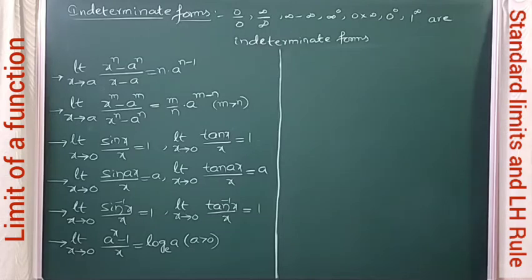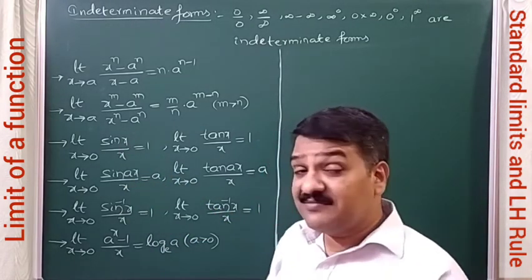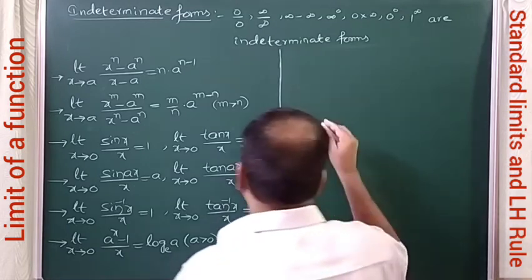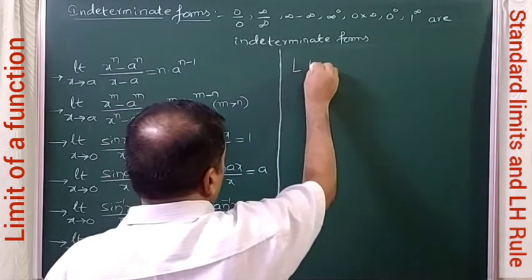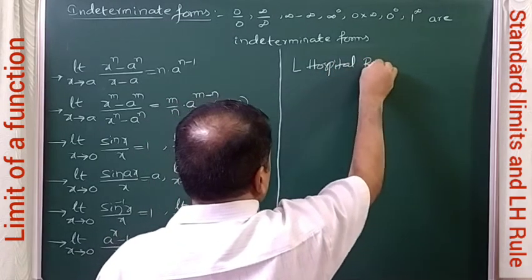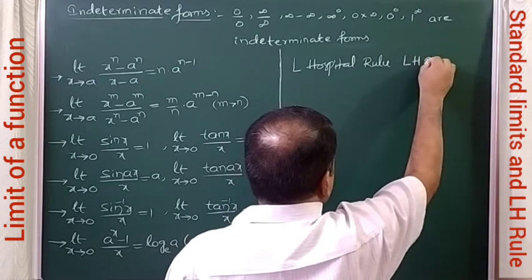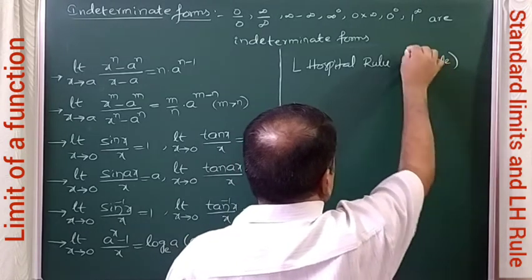So for finding the limits of indeterminate forms like this, we have one technique which is called L'Hospital's rule, or we can simply call this in short the LH rule.